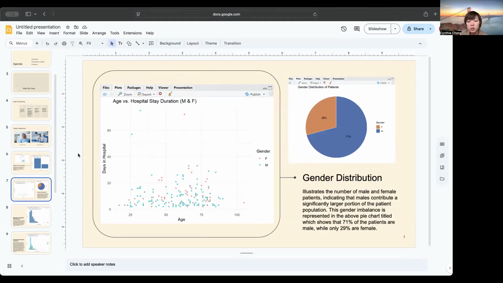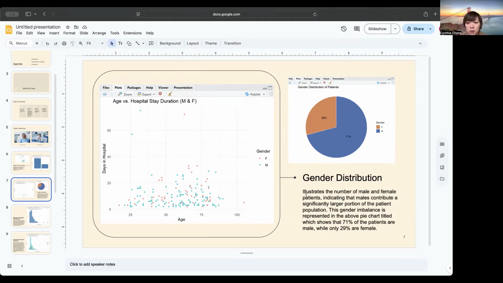Secondly, if we look at the gender distribution, the scatter plot here illustrates the numbers of male and female patients and indicates that males contribute a significantly larger portion of the patient population, ranging from around early 20s to age 60 or above.